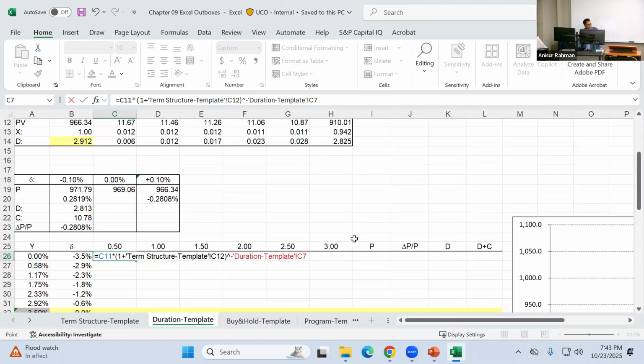Now, we want to be able to pull down and pull across. So what we are going to do, you have a question? C10, it's C7, minus C7, yeah.